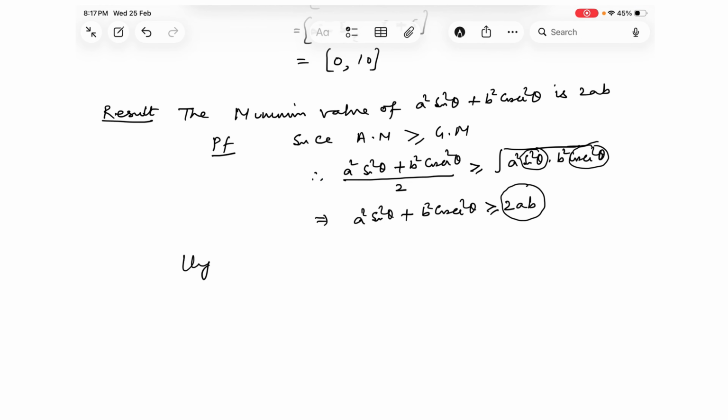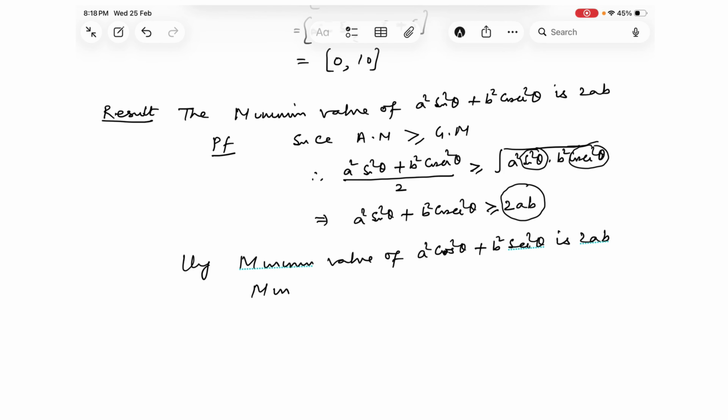Similarly, the minimum value of a square cos square theta plus b square secant square theta is 2ab, and the minimum value of a square tan theta plus b square cot theta is also 2ab.